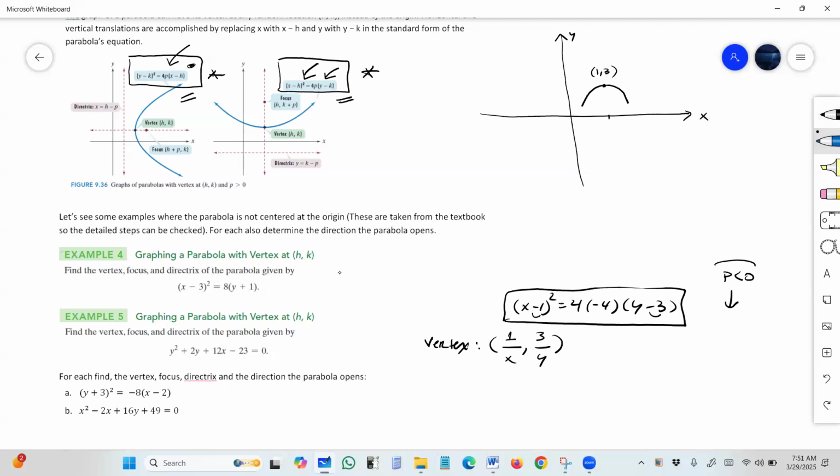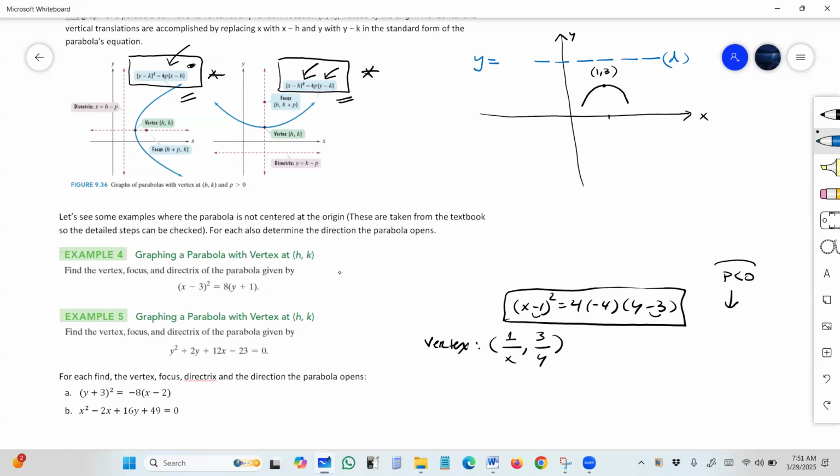Now, the focus and the directrix are going to be on opposite sides: the directrix on the side opposite to where the parabola opens. So my directrix is going to be here. And because it is parallel to the x axis, the equation is going to be y equals some number.